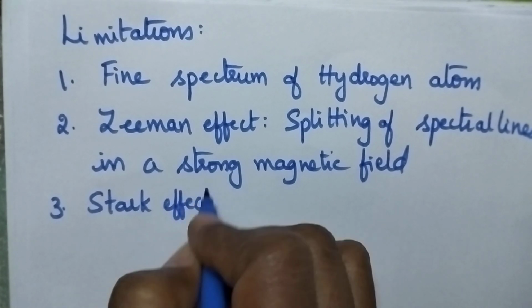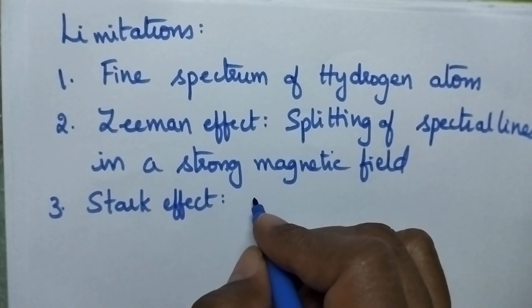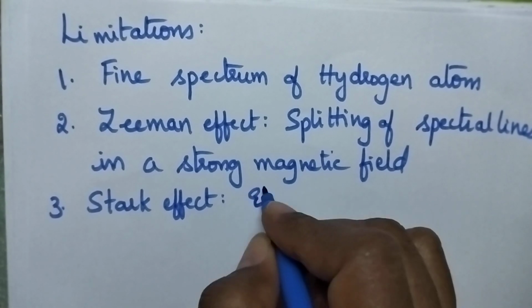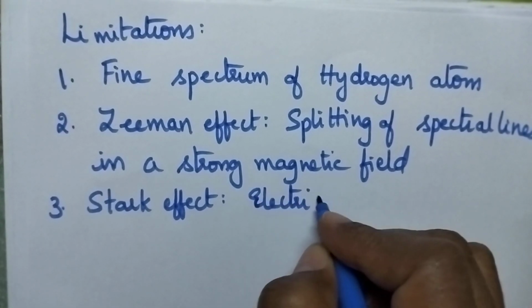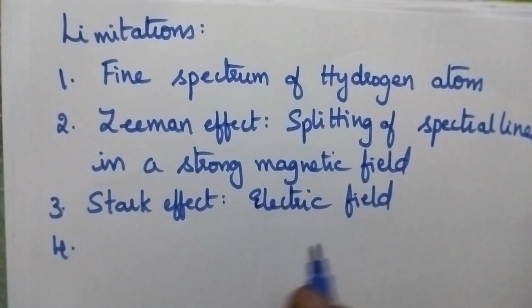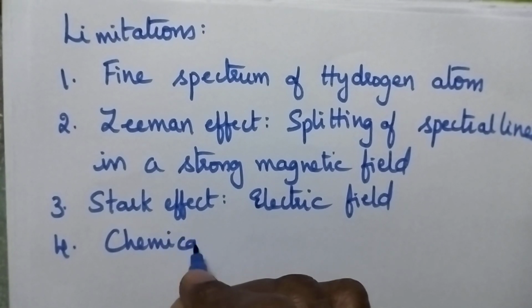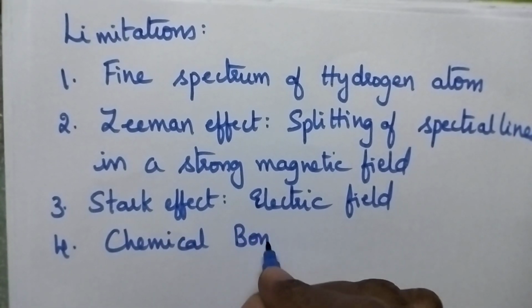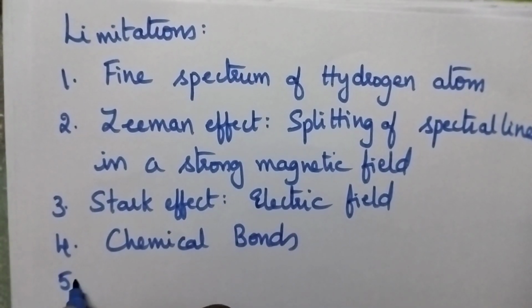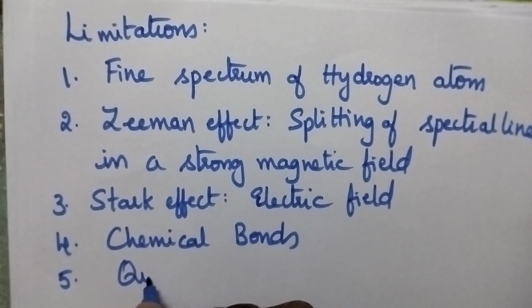Stark effect means the splitting of spectral lines in an electric field. It fails to explain the formation of chemical bonds. It also fails to explain the quantization of angular momentum.